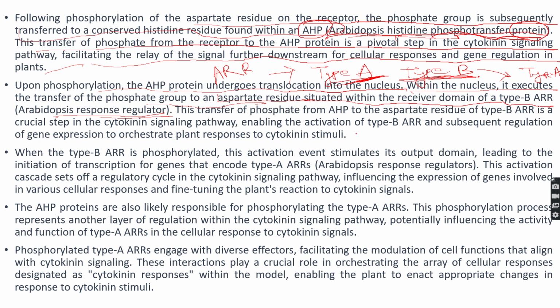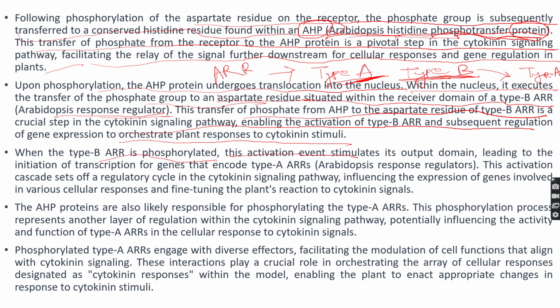So basically, the transfer of phosphate from AHP to the aspartate residue of type B ARR is a crucial step in the cytokinin signaling pathway, enabling the activation of type B ARR and subsequent regulation of gene expression to orchestrate plant response to cytokinin stimuli.